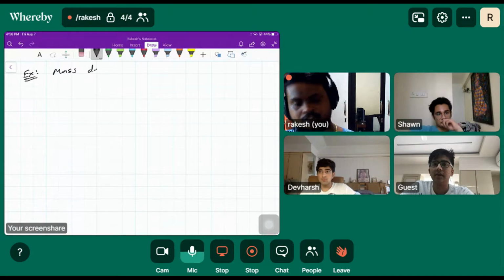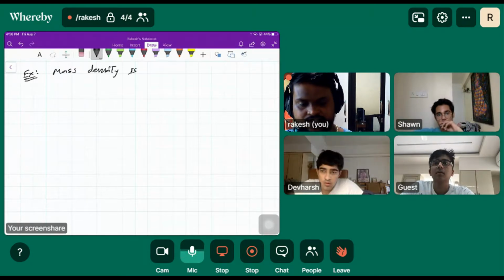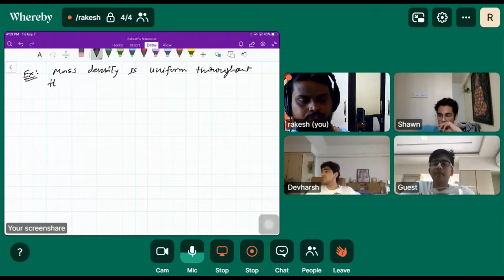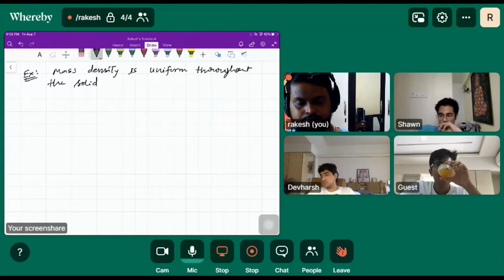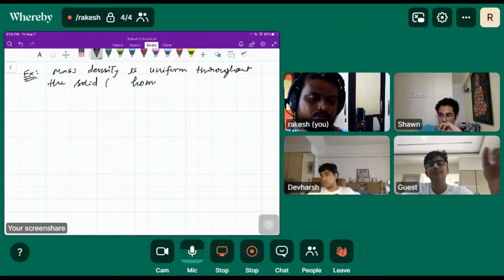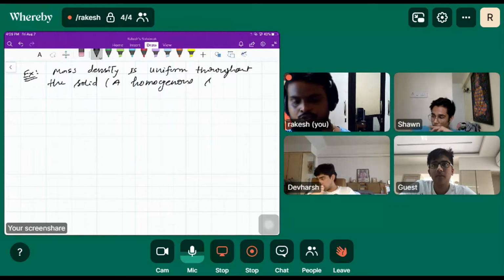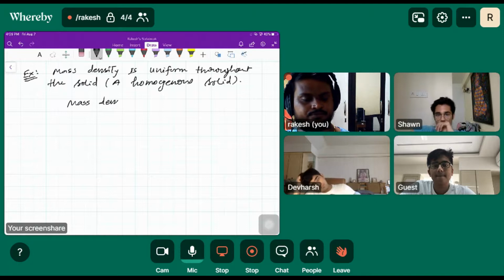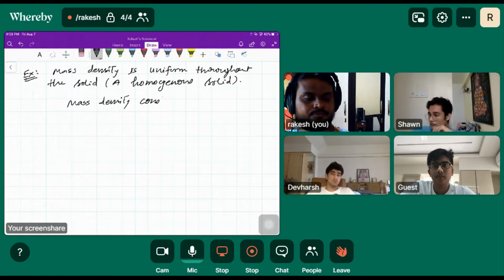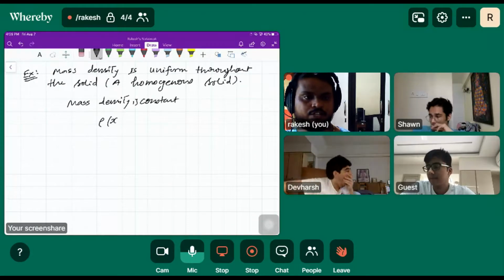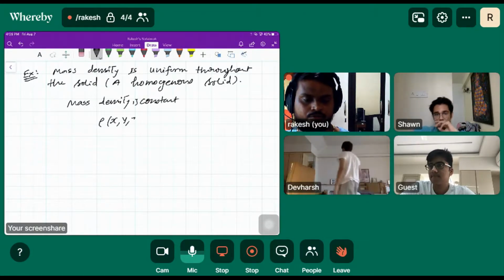Constant, very good. The mass density is uniform throughout the solid. That is called a homogeneous solid. It means rho of x, y, z is equal to k.